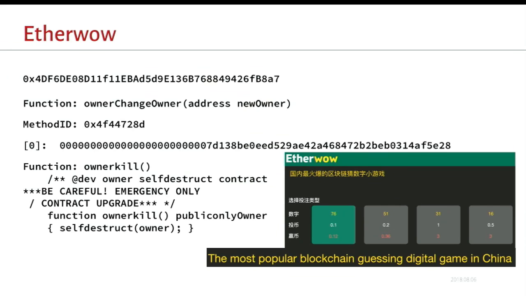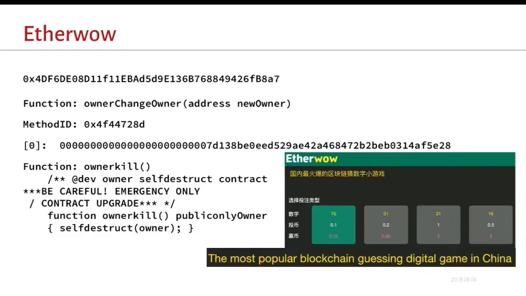So it turns out there's even more gambling on the blockchain. Here's another one that turns out to be intentional. It's called EtherWow. The Google Translate says it's the most popular blockchain guessing digital game in China. I'm not so sure because there's only been a few Ether ever transferred into any of these things.